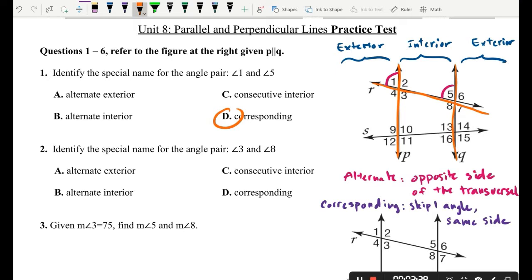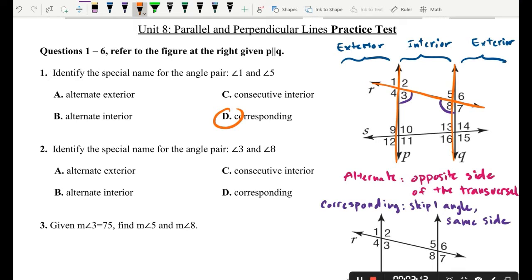Number 2, identify the special name for the angle pair 3 and 8. I'm going to erase this for now so we can focus on 3 and 8 only. 3 is right here, 8 is right here. 3 and 8 are formed by three lines: line P, line Q, and line R. They are both between the parallel lines, so they are interior angles.